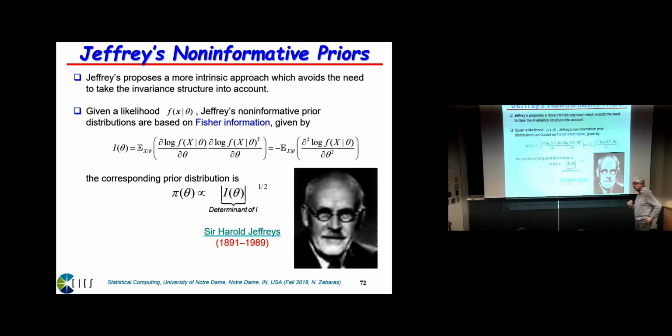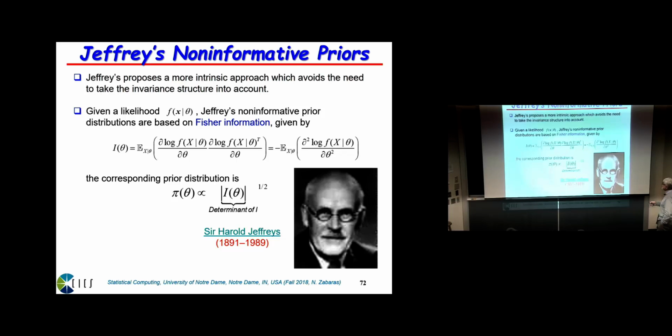The idea of non-informative priors is, if we don't really know anything, what can we do? And the most fundamental non-informative priors are the ones that are derived from Jeffreys formula and what's called Fisher information.